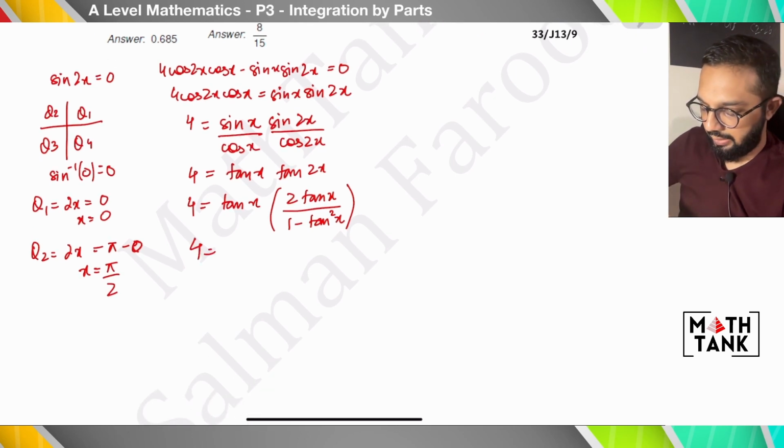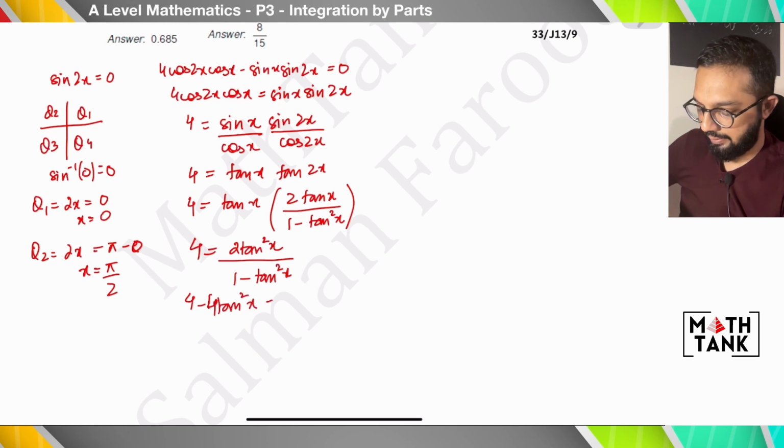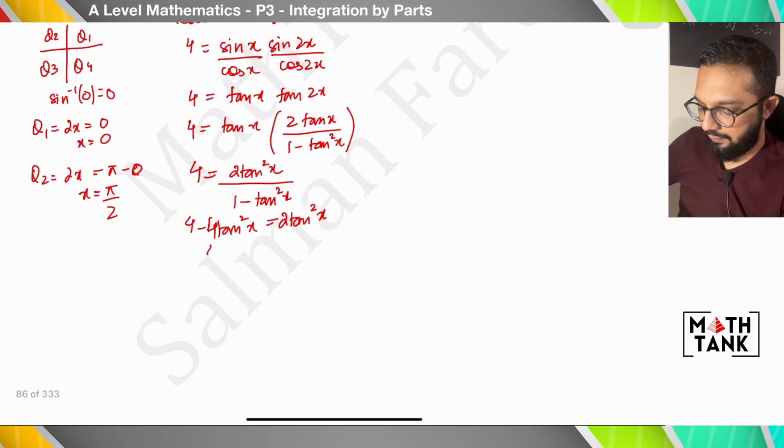So I get 4 equals 2 tan squared x over 1 minus tan squared x. That's 4 minus 4 tan squared x equals 2 tan squared x. 4 equals 6 tan squared x, and tan squared x is 4 over 6, which is 2 over 3.